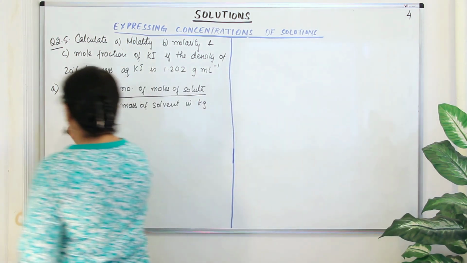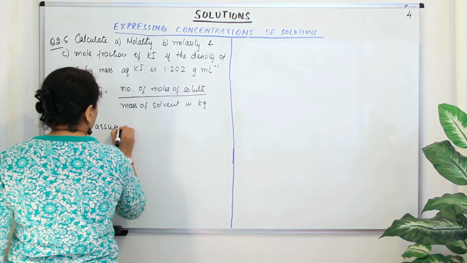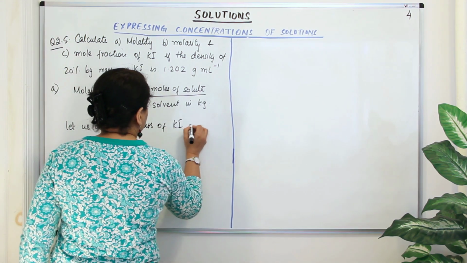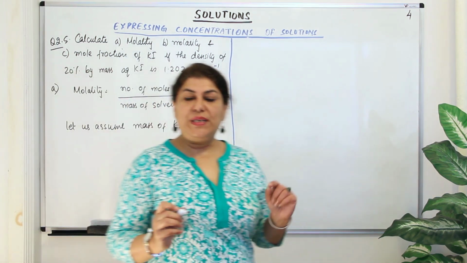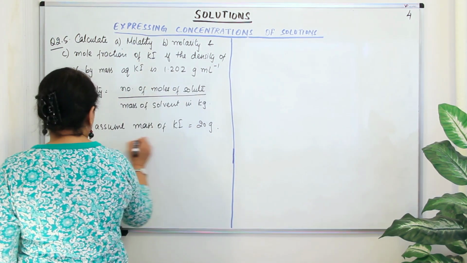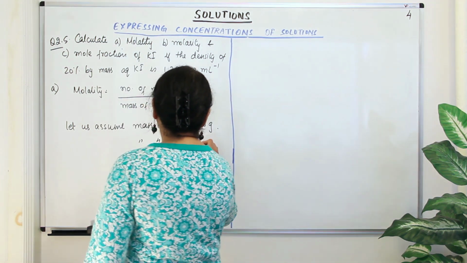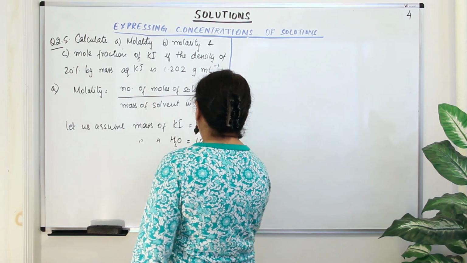So let us assume mass of KI is equal to 20 grams. If mass of potassium iodide is 20 grams in a 100 gram solution, then the mass of water automatically would be equal to 100 minus 20, which is equal to 80 grams.